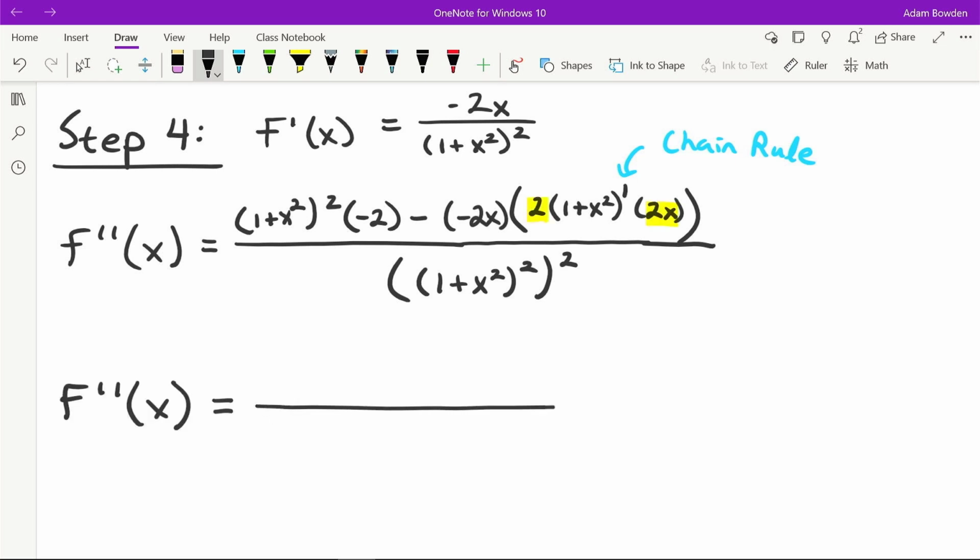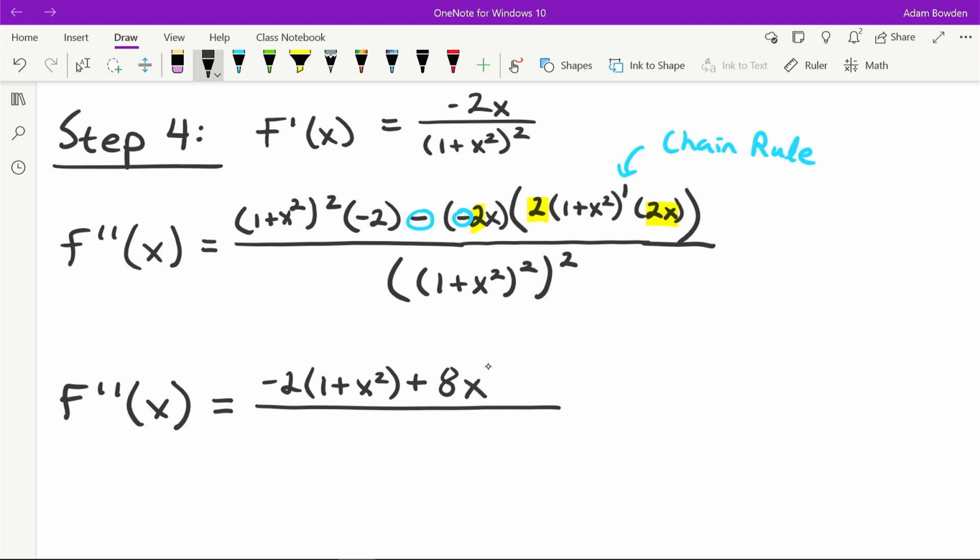And if we simplify this down here, we'll have -2 parentheses 1 plus x squared, minus, or plus I should say, because we're going to have a negative here to get it turned to a positive. And then we have a 2x, a 2, and a 2x to multiply together. And those 2 times 2 times 2 is 8.